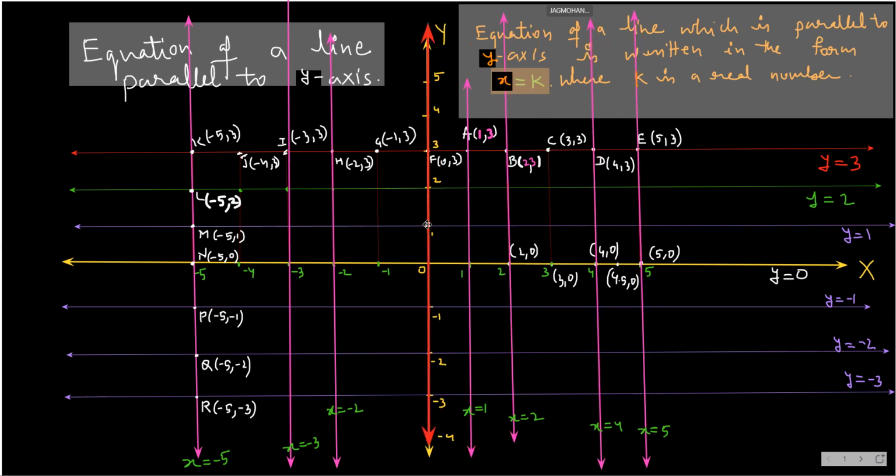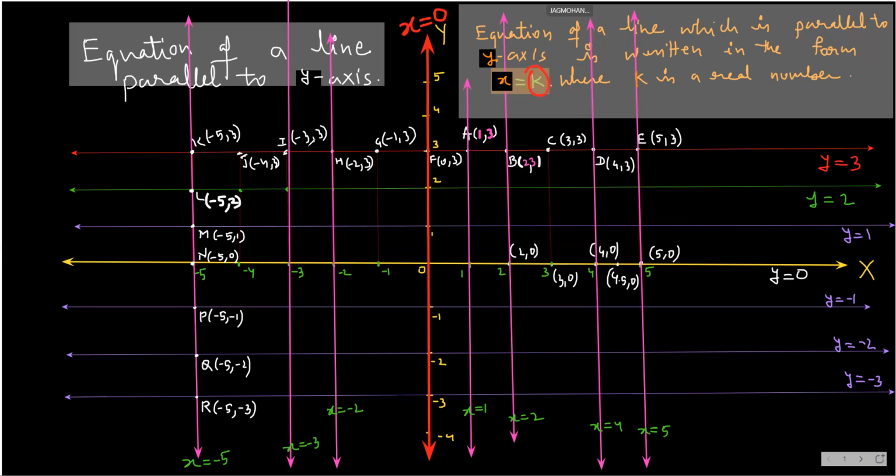And if the line is parallel to y-axis on the left side, k is negative. But when the line is on y-axis, then k is 0. So what we conclude from this? We conclude that if a line is y-axis, then equation of y-axis is x equals to 0.